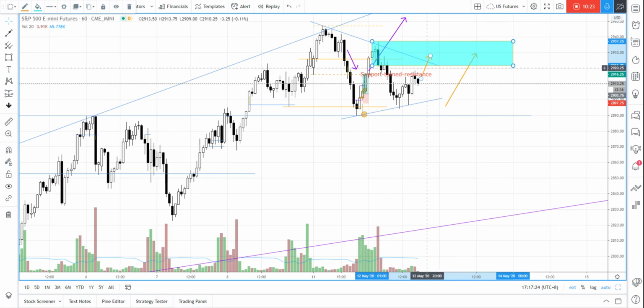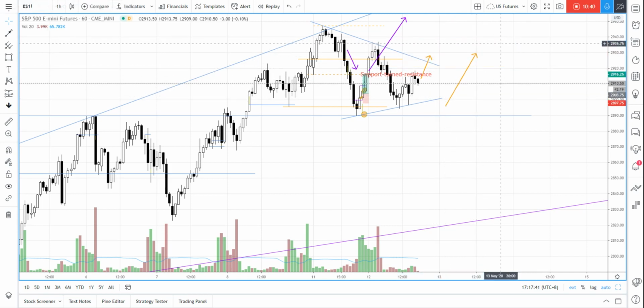If it does show some kind of rejection from this zone, then I think it could be a short entry as well, to trade it back to somewhere around 2900, around this level, from here to there. But I still prefer to take a long entry and anticipate a bounce up from the supporting level at 2900.